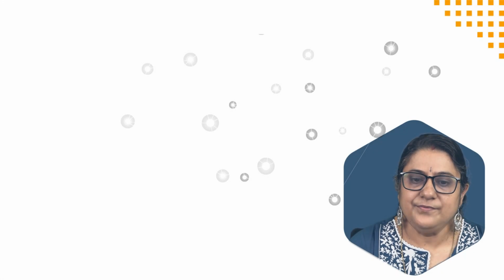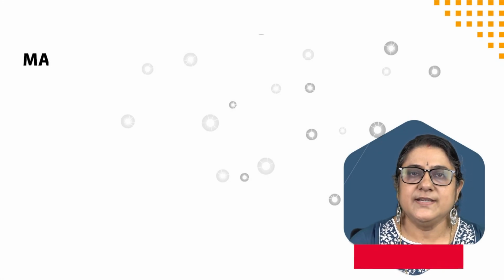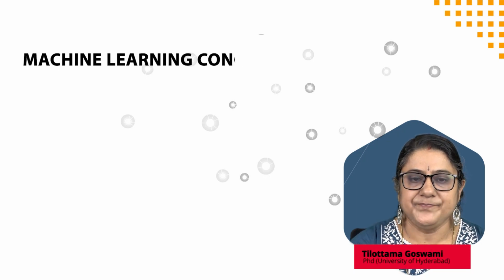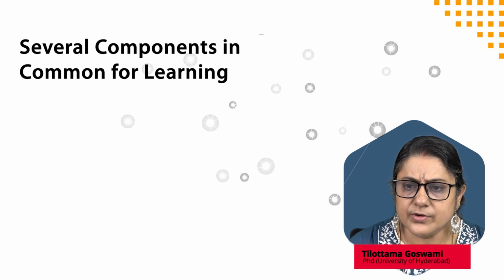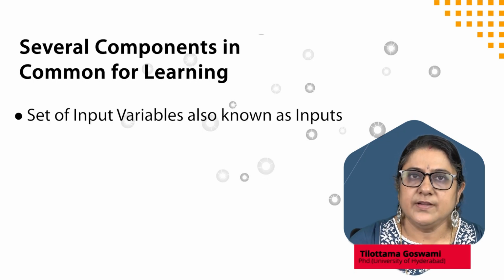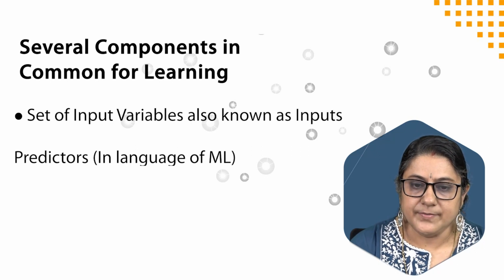In this video, we will learn about some of the very important machine learning concepts. The several components in learning are a set of input variables and a set of output variables.